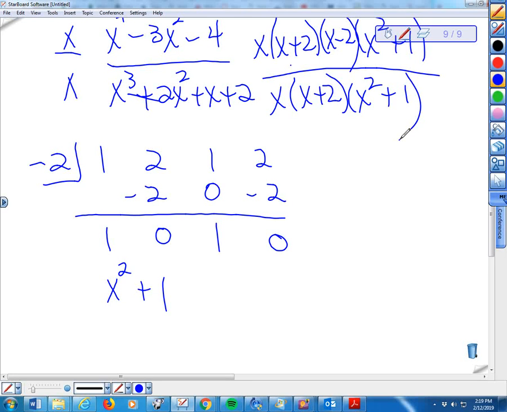So I have a hole at 0, I have a hole at negative 2, and then the other hole is imaginary. So my first piece here is to identify that if I cancel these 3 pieces, all I have left is x minus 2. So interestingly enough, this whole mess is going to look like a line with two holes in it. y equals x minus 2.